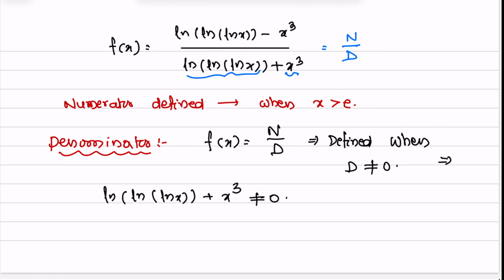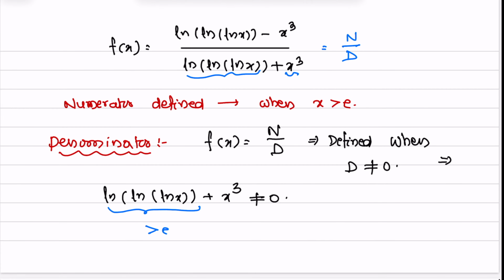We know very well that ln x, for it to be defined, is greater than e. This value is always greater than e, and this value plus x cube should not be equal to 0.